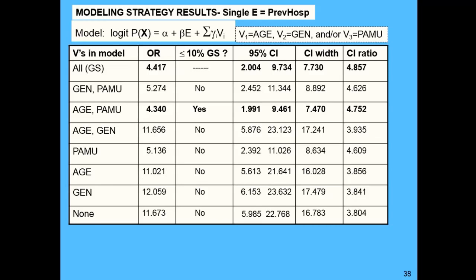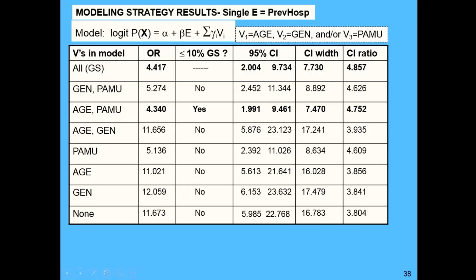And then the next question is, okay, I've got these two models. How am I going to decide between them? And the answer is, we're going to look at precision. The way we're going to do that is we're going to get the confidence intervals for just the two models we're competing. We can get it for the other models, but we don't really need them because we've narrowed it down to the gold standard model and this other model.